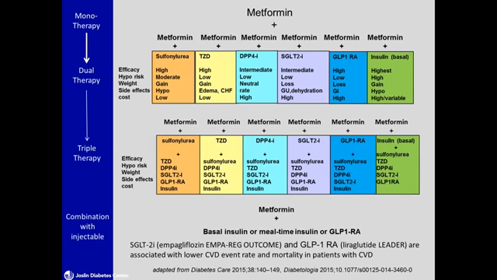I want to point out also that both SGLT2 inhibitors with the EMPA-REG OUTCOME trial and GLP-1 agonists in the LEADER study have been shown to decrease the risk of cardiovascular events and mortality. So these may be favorable choices in patients that already have macrovascular complications.